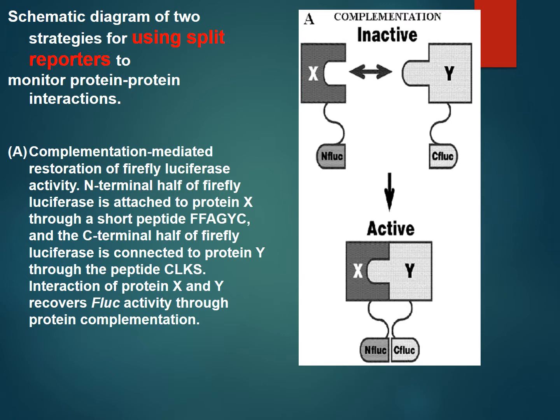So you could also test if there's some patients, some disease where they have a mutation and the Y can't bind to X. Can you mutate the human mutant Y back so that it does interact? So it's the gene therapy concept. Can we correct what's in nature and restore the activity? So this would be a good assay system. But that's why the word is the split reporter concept, the complementation concept.